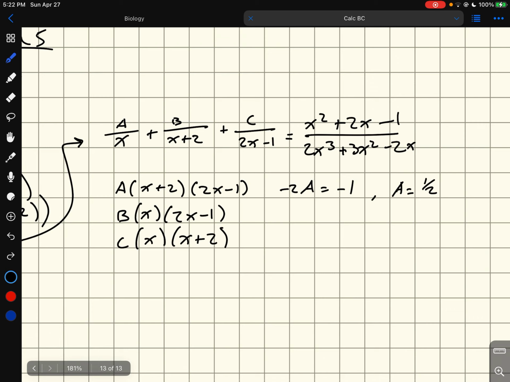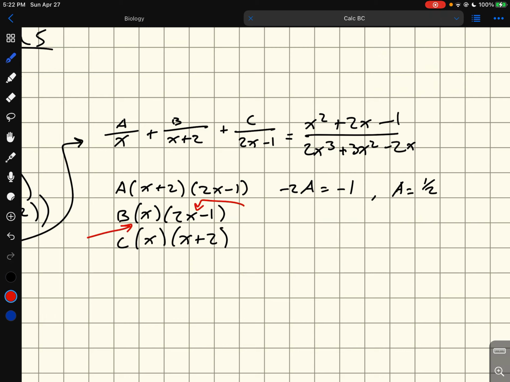Now we're going to do something that can get rid of the A and the C, so we focus only on B. So I see both A and C have a factor of x plus 2, so if I plug in a -2, it'll make both of these 0 and get rid of that out of the equation. So that's what I want. So now I'm going to plug in a -2 to x and a -2 here.